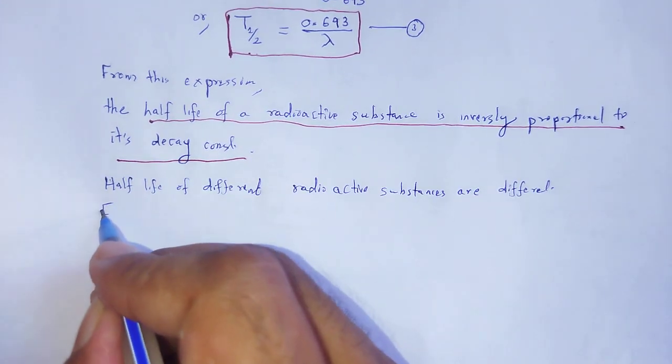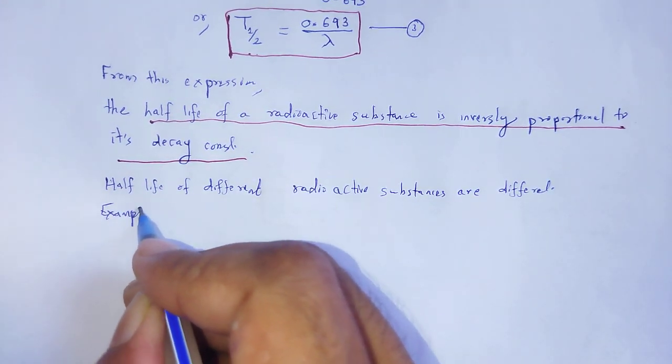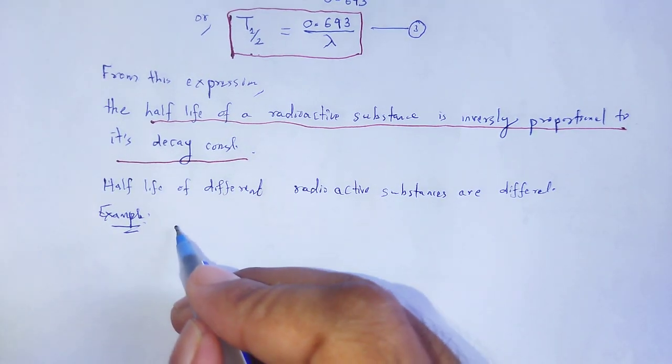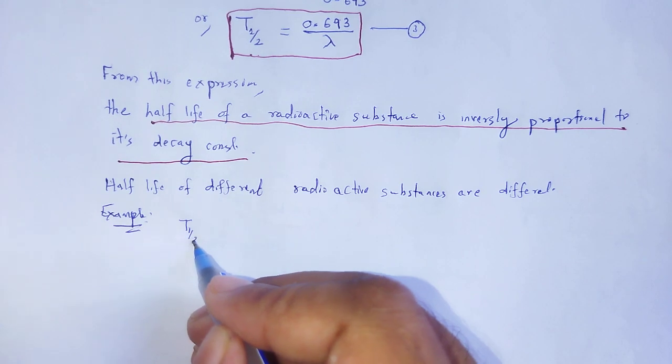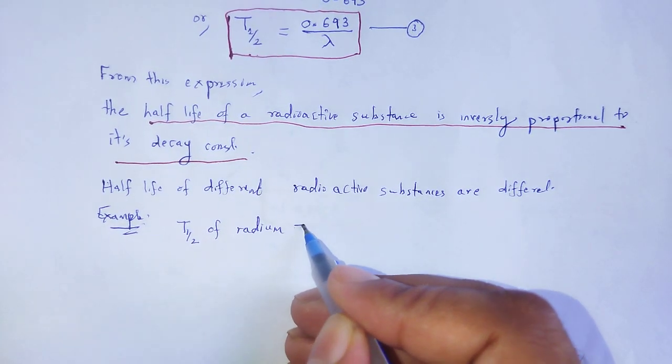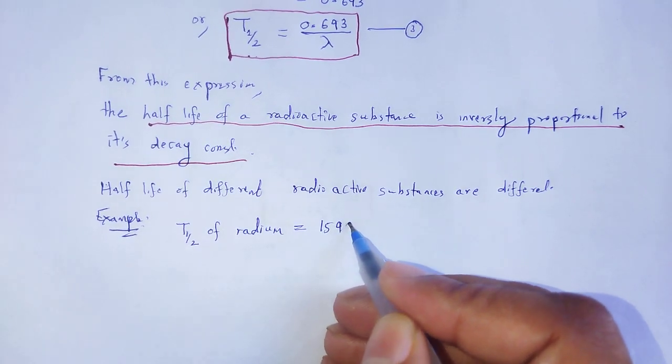Taking an example, the half life of radium, T half of radium, is 1590 years.